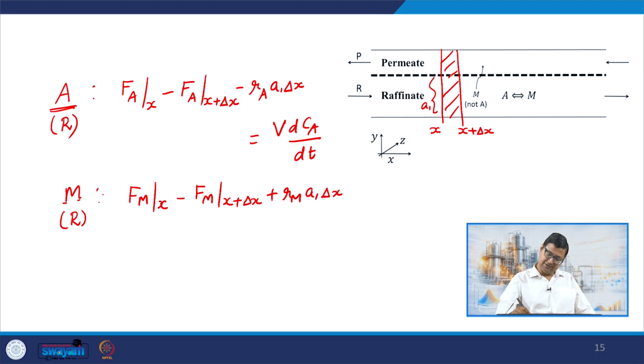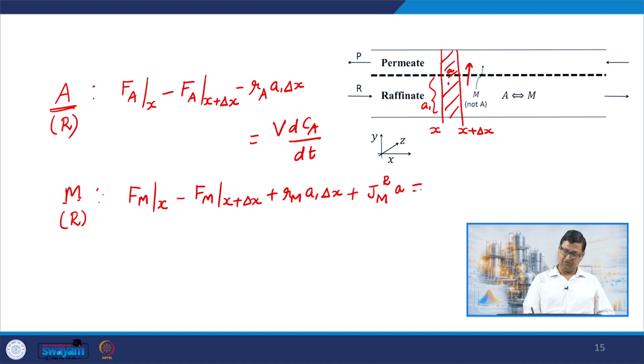But now there is also a flux going from the raffinate phase to the permeate phase, and that also we have to account for, multiplied by whatever area we have there, right?